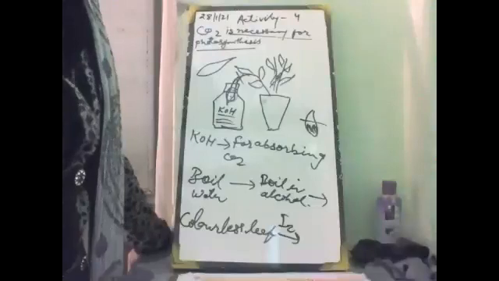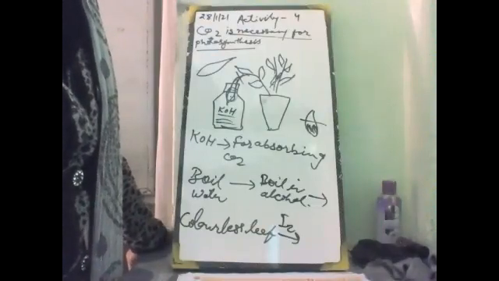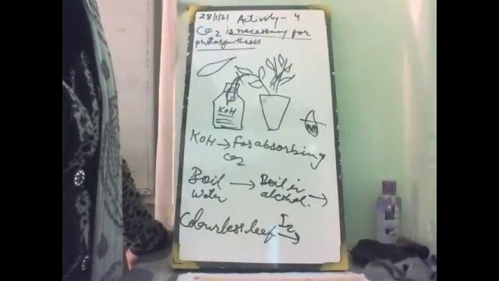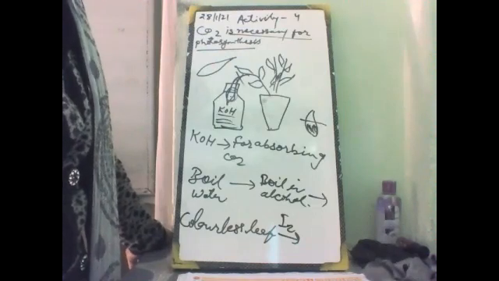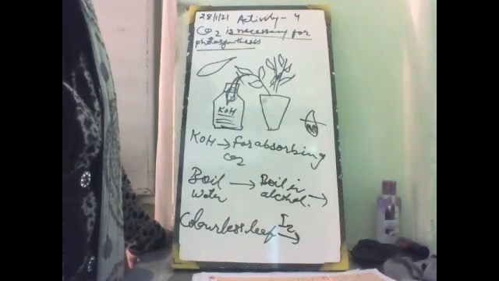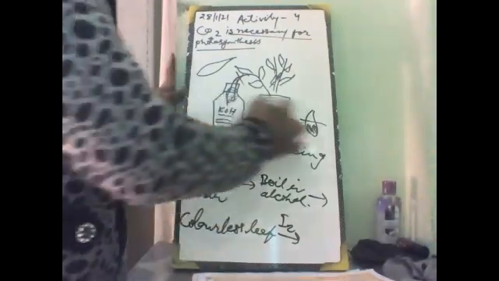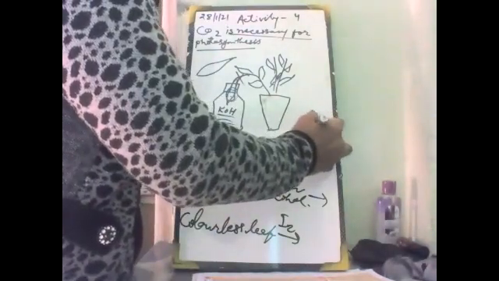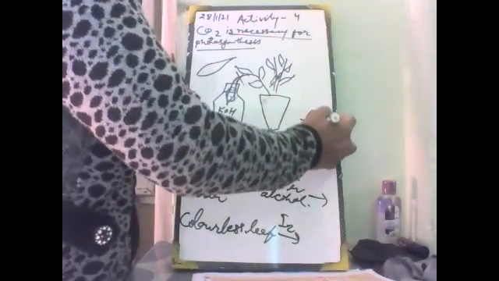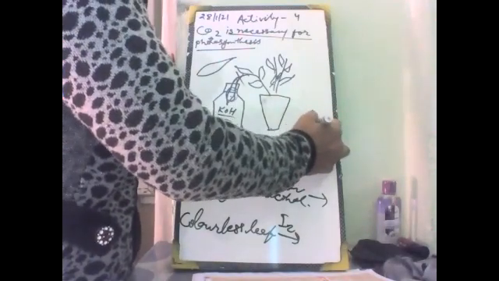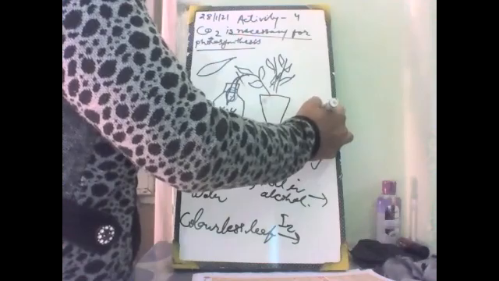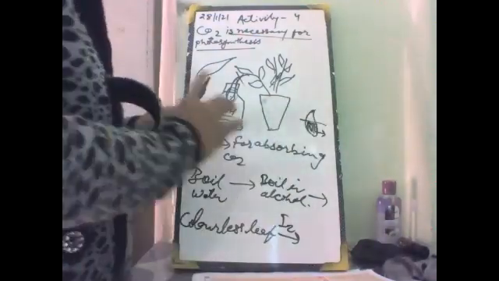This is because the lower half of the leaf was inside the bottle, having no carbon dioxide, so no starch was prepared. The upper half of the leaf turns blue-black, showing that starch is present.